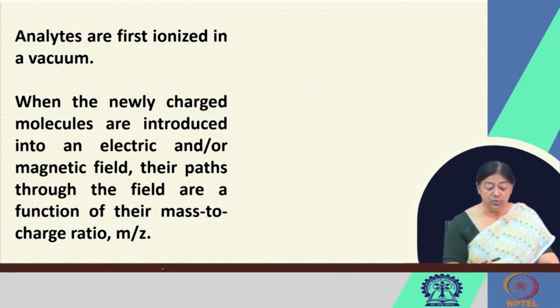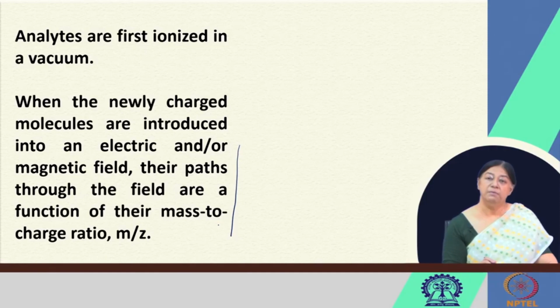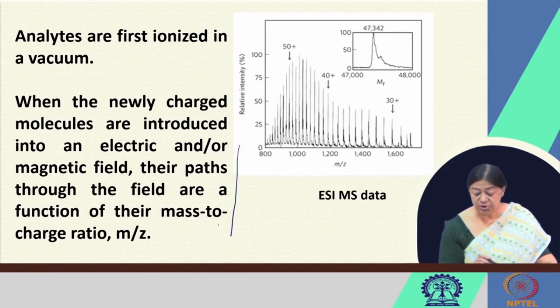Now, because of the newly charged molecules, they are put into an electric field and they migrate along this electric and magnetic field because of their mass to charge ratio. So, this is what we see in an electrospray ionization MS data, a fragmentation of the polypeptide chain.